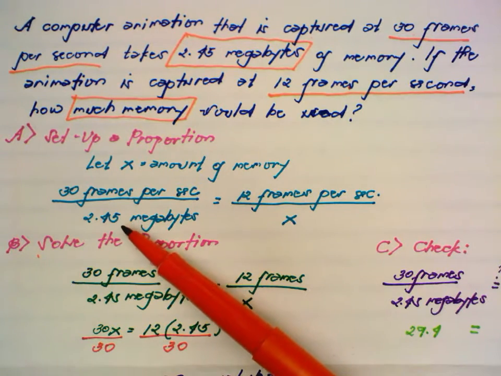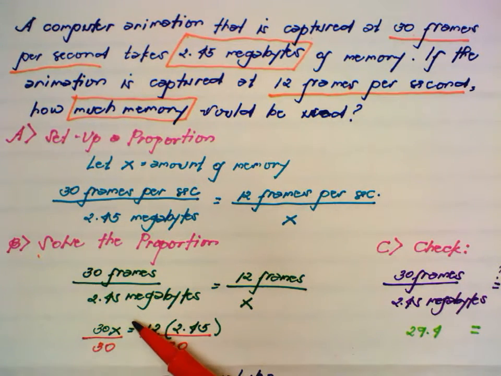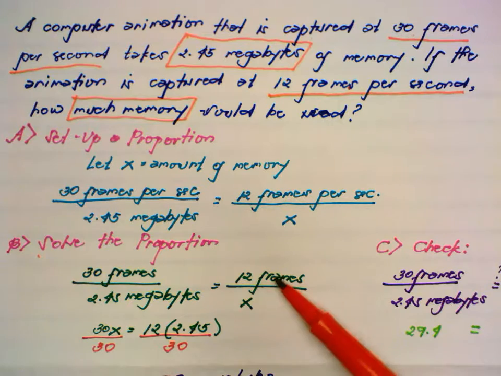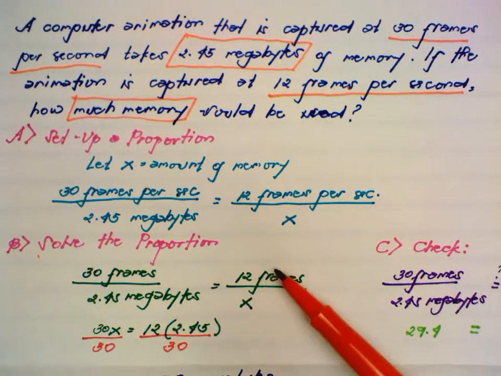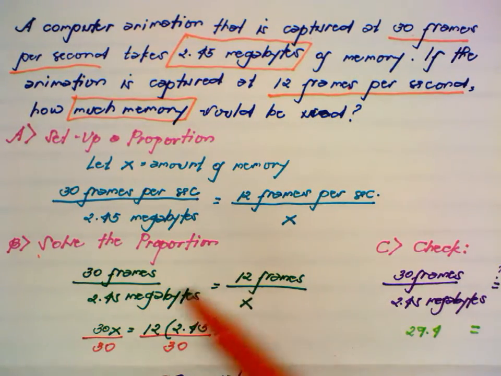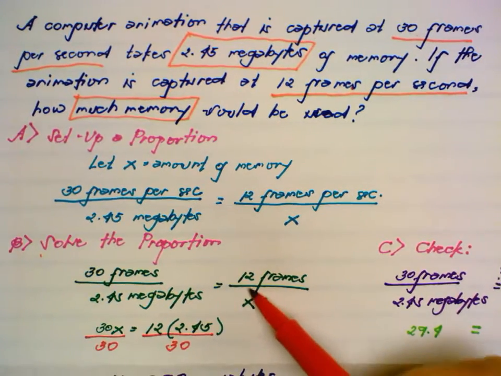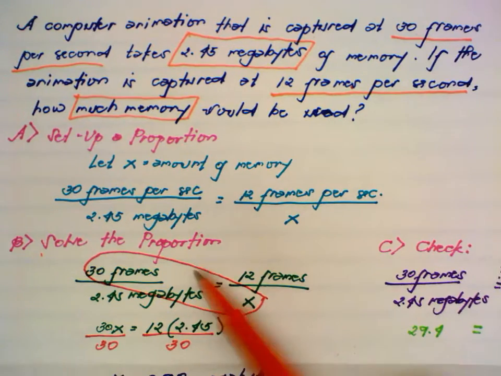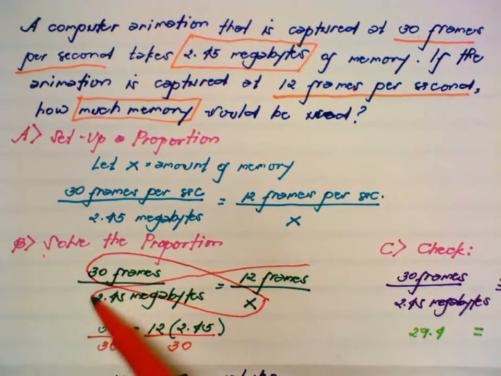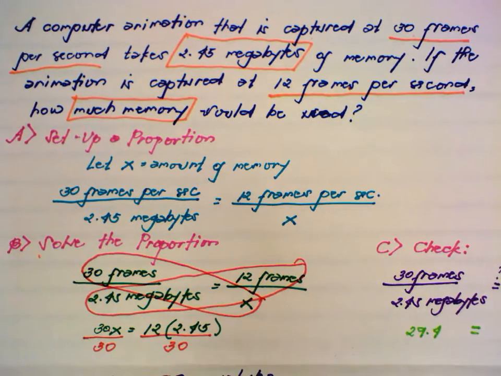Next, after setting up your proportion, the next step is to solve for the proportion. 30 frames for every 2.45 megabytes equals 12 frames over X. We multiply diagonally, so cross multiply, similar to the previous lesson. 30 frames times X, and 12 frames times 2.45, so I have 12 times 2.45.